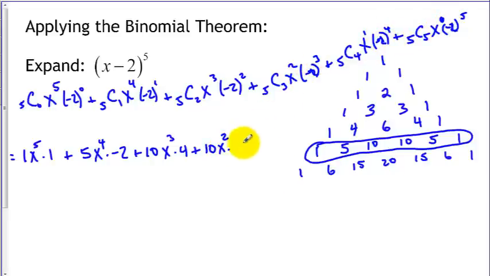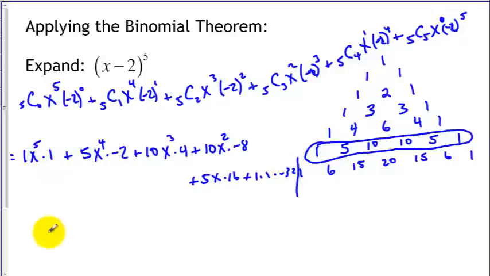So negative 2 cubed is negative 8. We go down here, so plus 5x times negative 2 to the 4th, which would be positive 16. And lastly, 1 x to the 0 power, which is 1. Remember, anything to the 0 power from our exponent properties is 1. So we have 1 times negative 2 to the 5th, which would be negative 32.